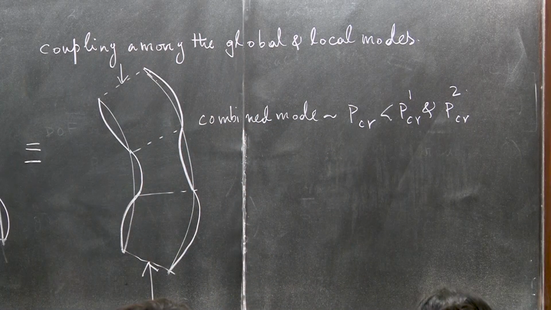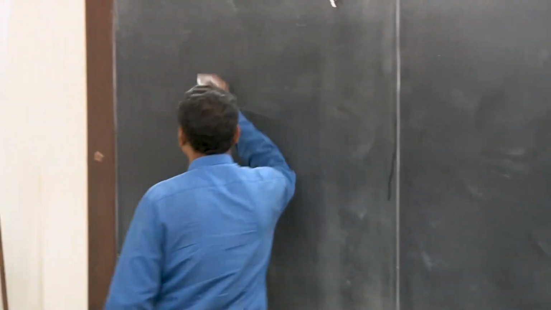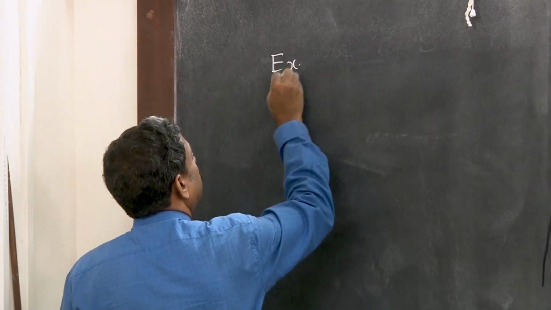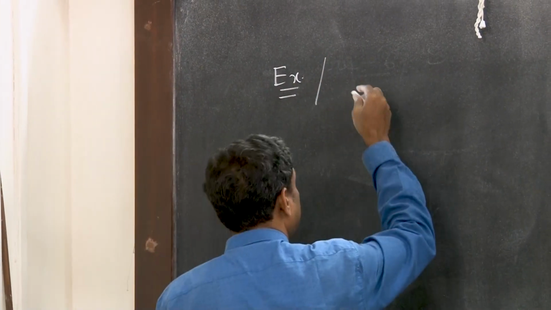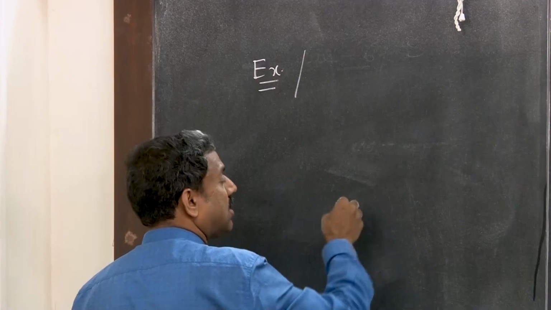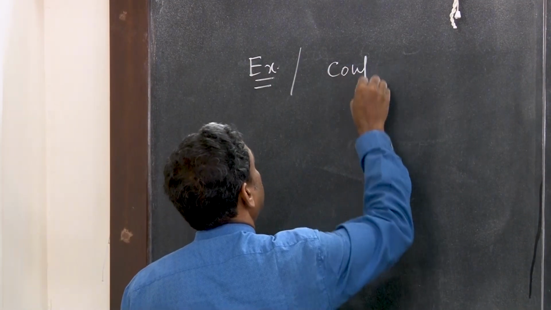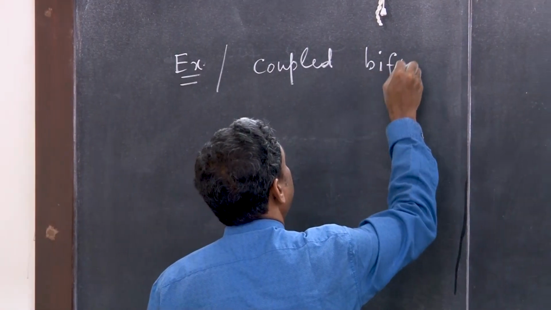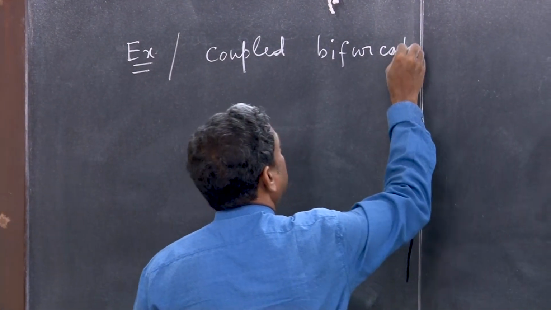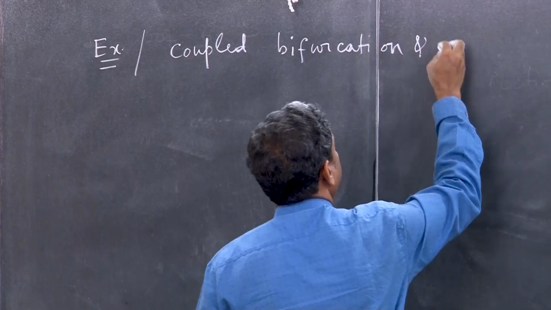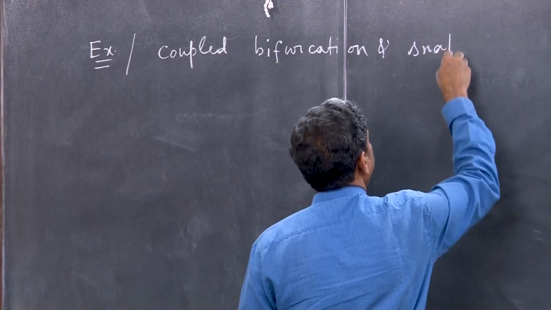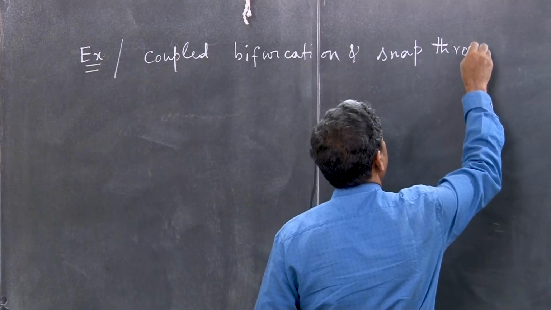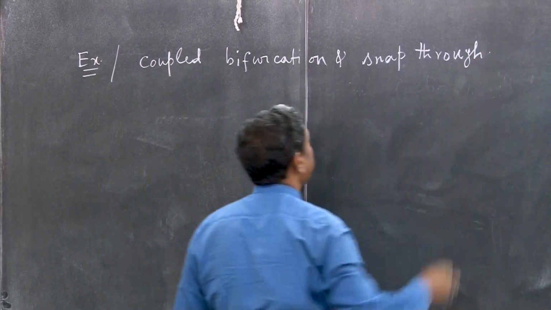Now I will solve an example. That example shows coupled bifurcation and snap through, meaning it will show both snap through as well as bifurcation.